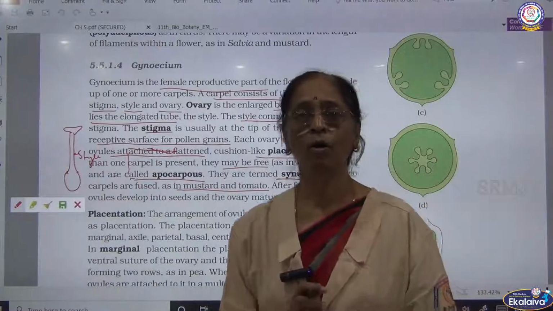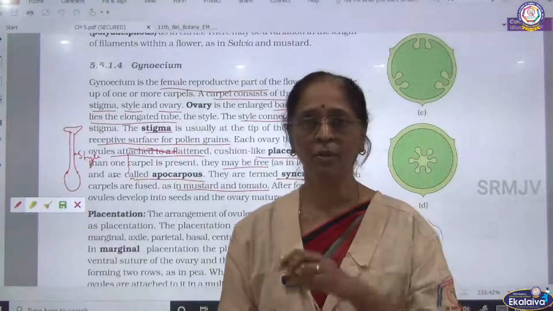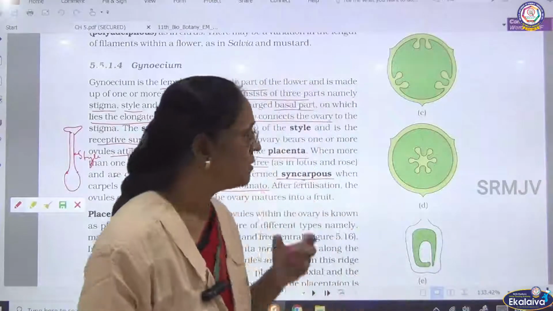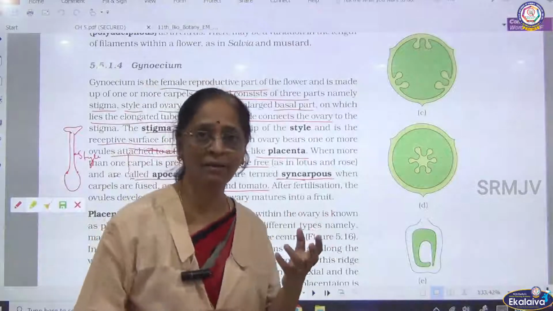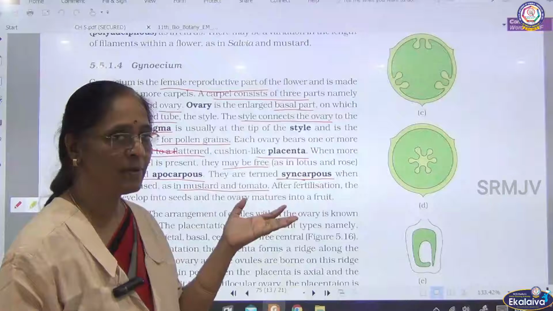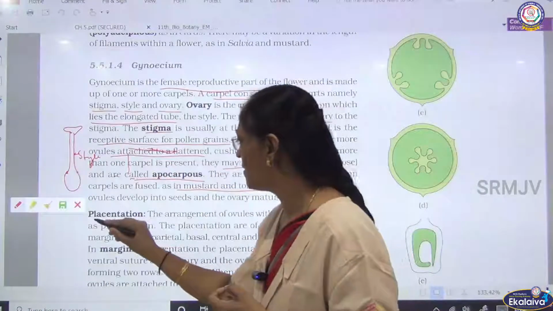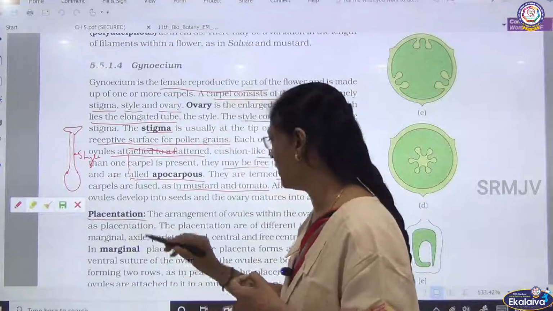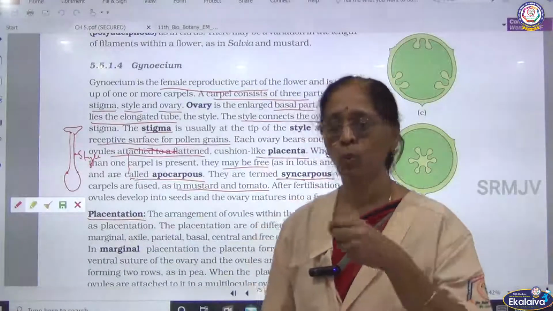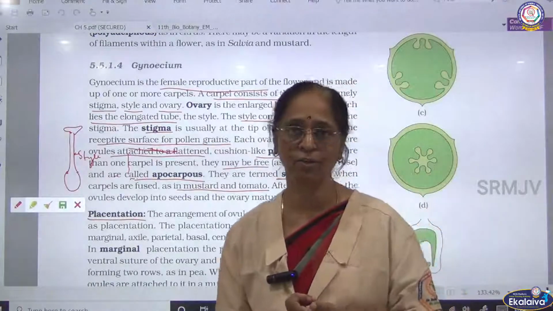Now, we all know that after fertilization, the ovary develops into a fruit and the ovule becomes a seed. These ovules are attached in the ovary, and the arrangement of the ovules within the ovary is what we call placentation.